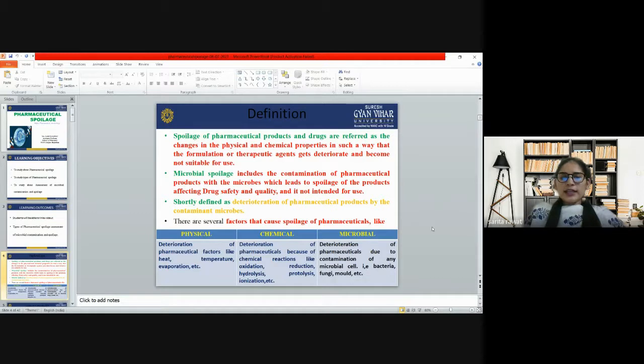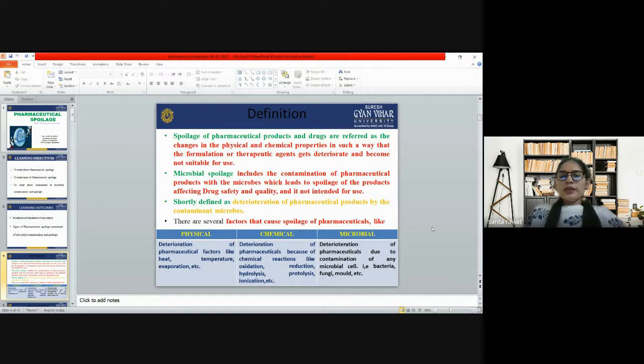Before starting the lecture, let's start with the definition of spoilage. Spoilage of a pharmaceutical product and drugs refers to changes in physical and chemical properties in such a way that the formulation or therapeutic agent deteriorates and becomes not stable for use.